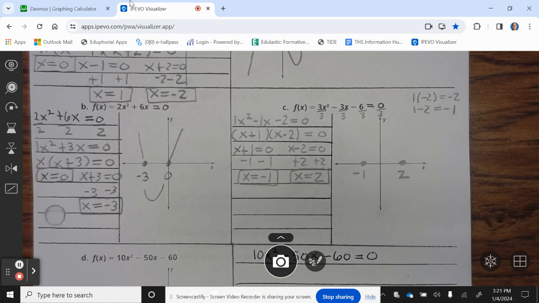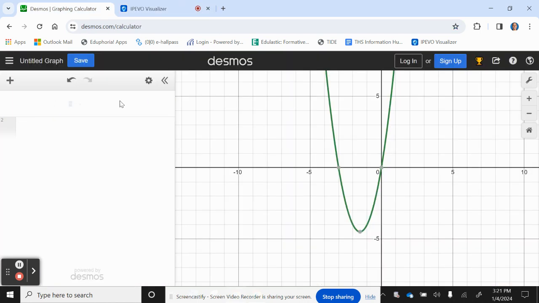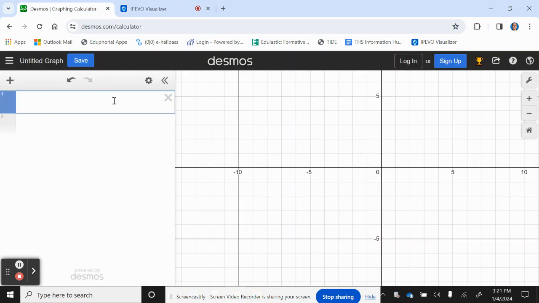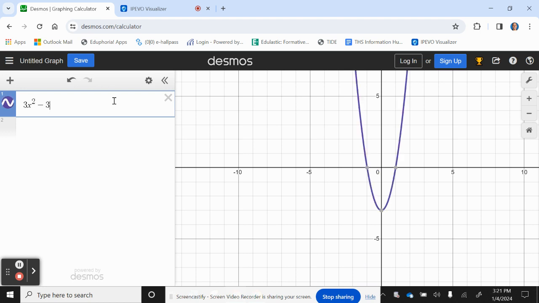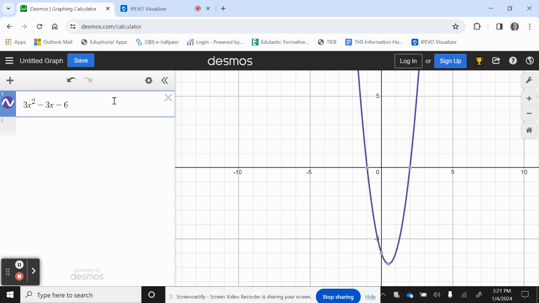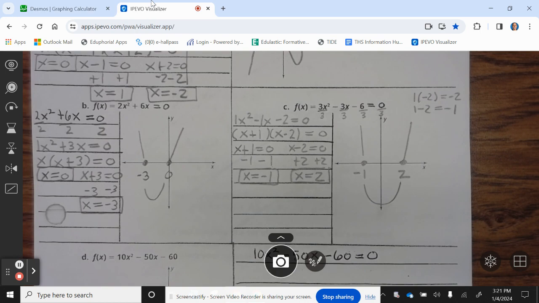All right, let's go ahead and sketch that graph in Desmos. All right, there's your sketch of your graph.